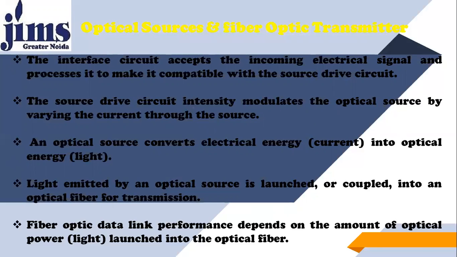That degrades the performance of optical communication. So what we need is 100% of the light launched into the optical fiber. Whatever light is coming from the optical source should go totally into the optical fiber, and nothing should reach outside.